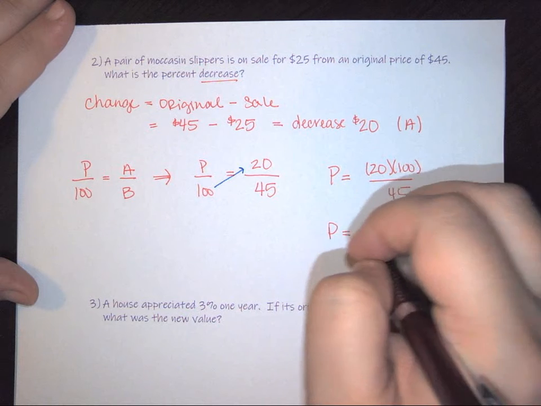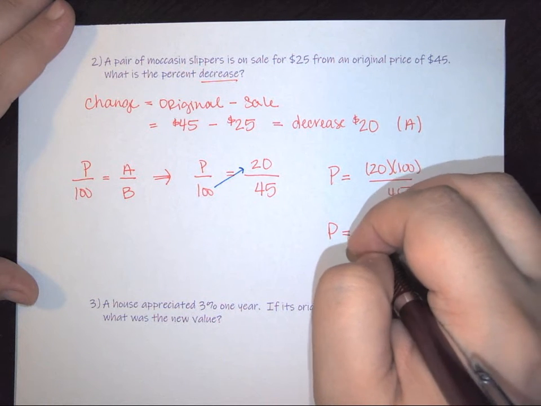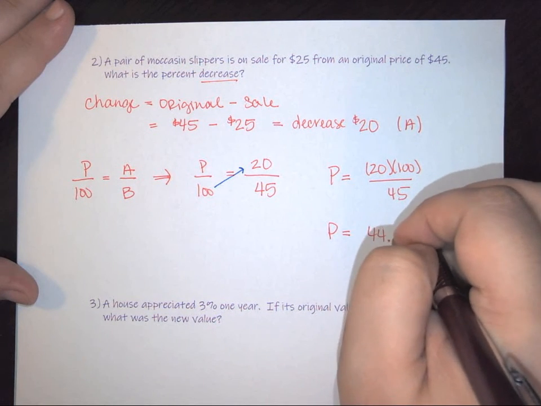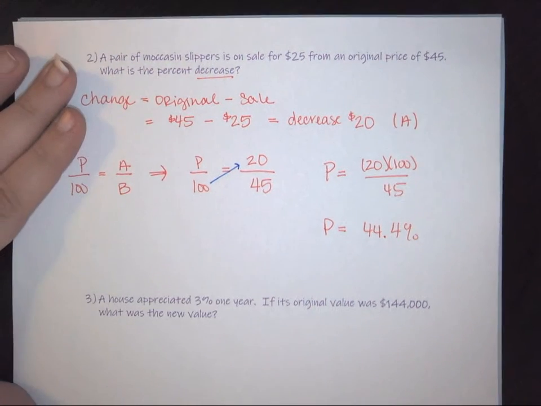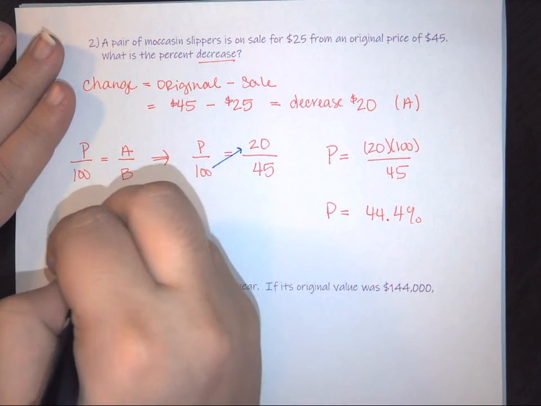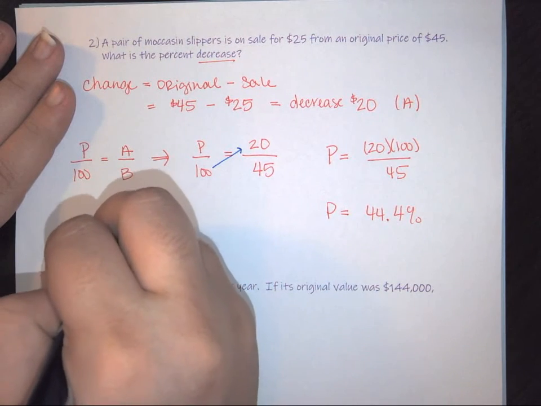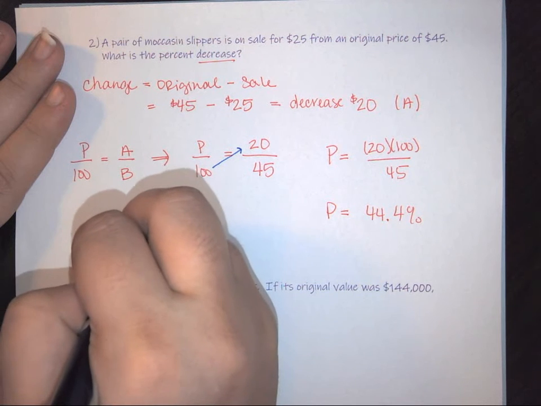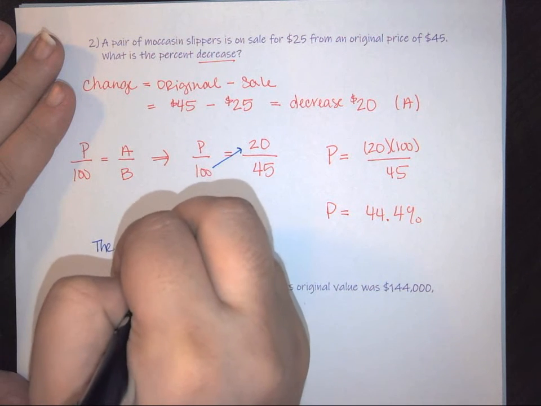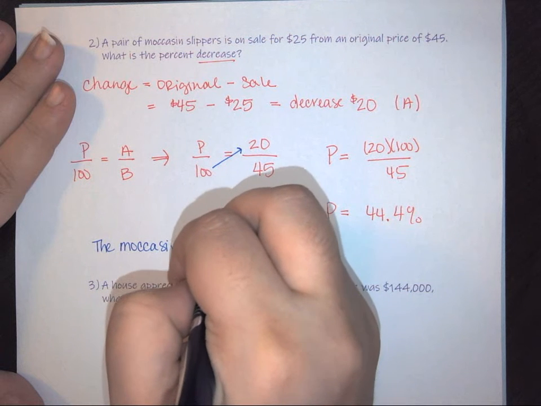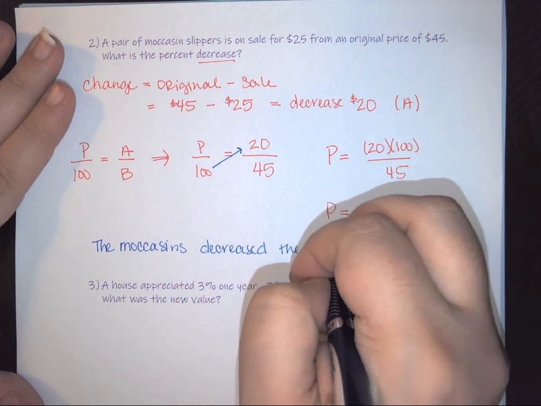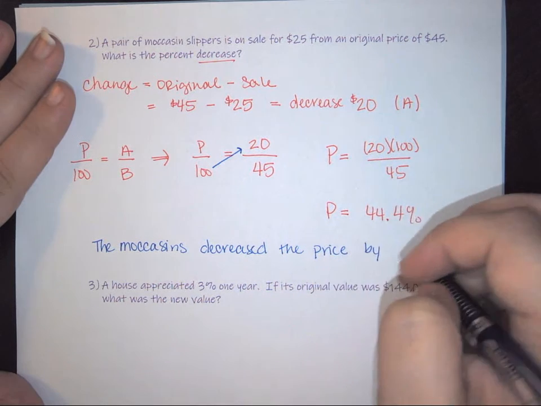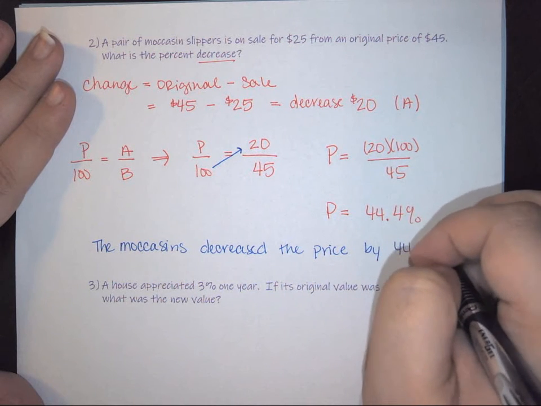So my percent is going to come out to being 44.4%. Therefore, you would say the moccasins decreased the price by 44.4%.